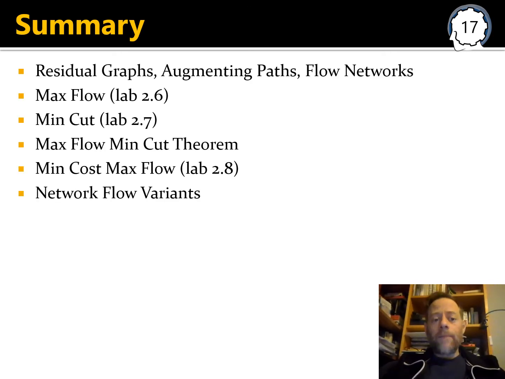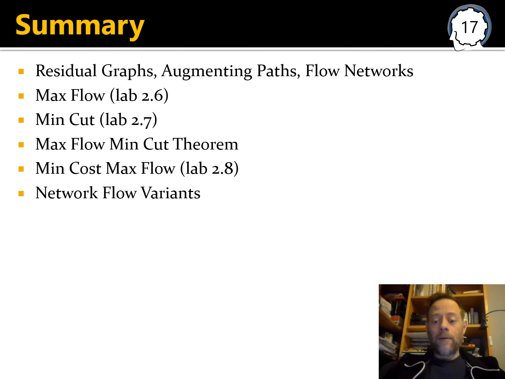So in summary, I've been talking about network flow problems. I talked about residual graphs where we add back edges so we can reverse the flow. And when we have these residual graphs, we can then define augmenting paths, which are paths from the source to the sink, which improve the overall flow in these flow networks.